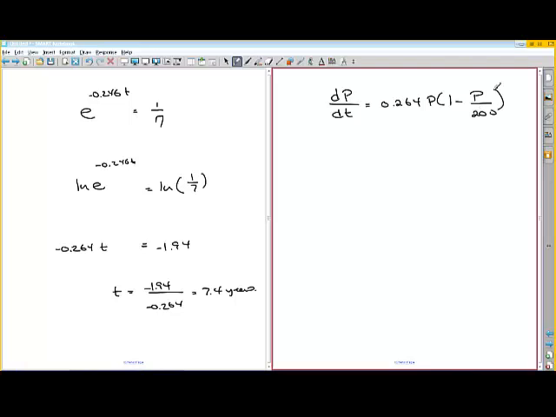So that's the differential equation for this logistic growth situation. So that's our derivative. That's like p prime. I'm going to write that down so we'll have it available. So it's 0.264 p times 1 minus p divided by 200.